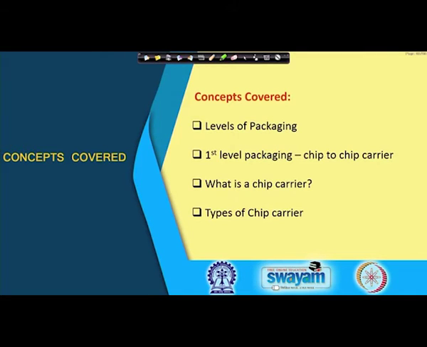So, levels of packaging, let us recall what we discussed earlier, probably in the first and second lecture, in the introduction part. The first level of packaging is when you get the silicon out from the wafer and connect it to the chip carrier, or basically to its substrate, and have these interconnections come out.